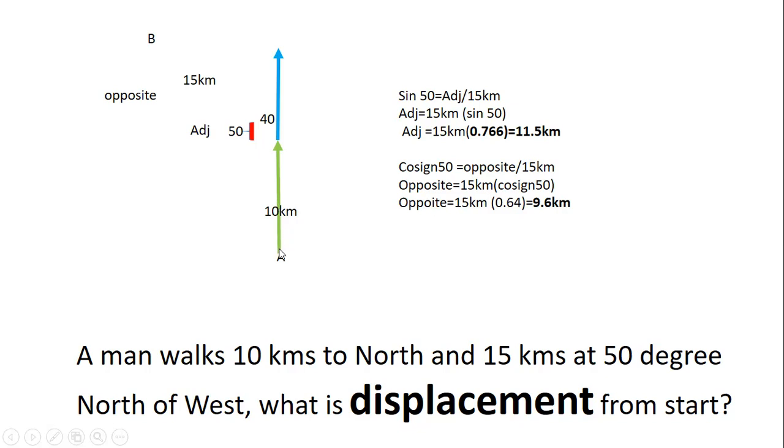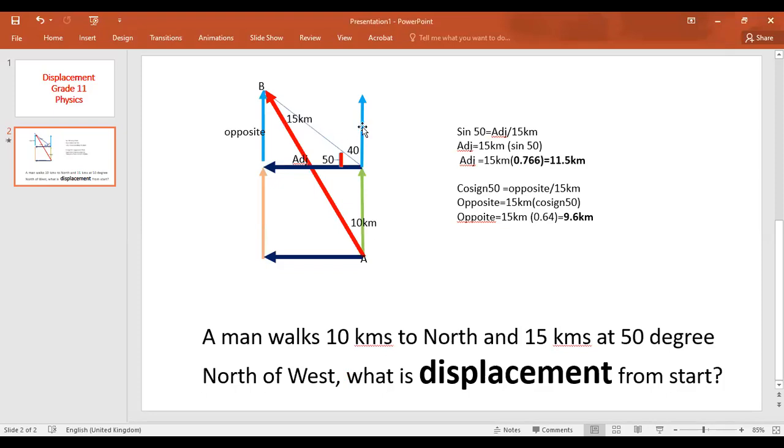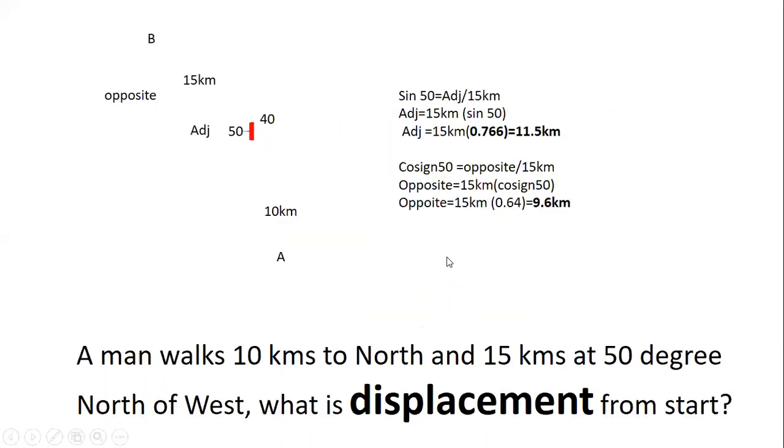Here, through the green line, he moved 10 kilometers north, and then 15 kilometers at an angle of 50 degrees north of west.